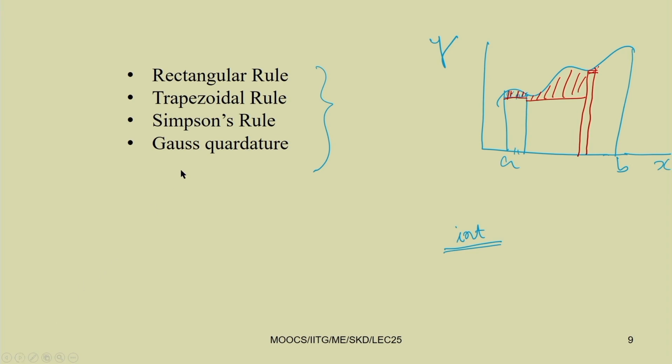These integrations are particularly useful when we are using spatio-temporal equations for a continuous system. We have seen continuous systems, for example the cantilever beam, the base excited cantilever beam.